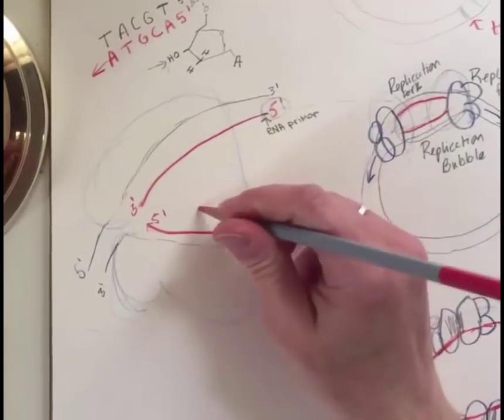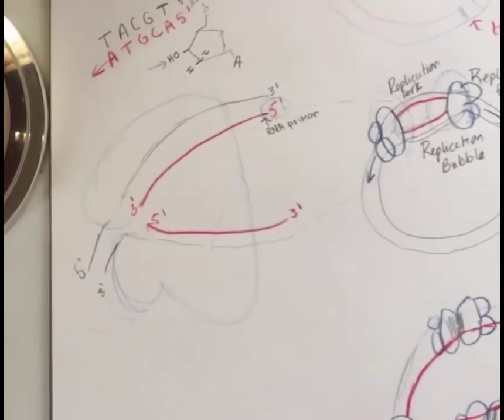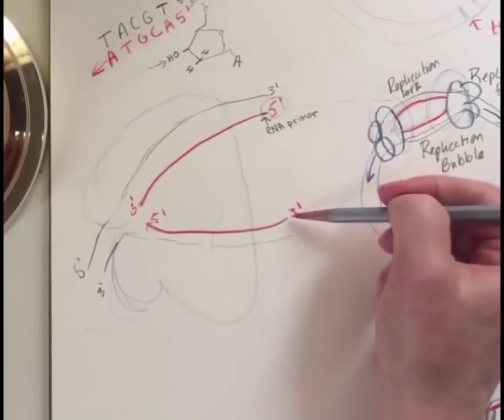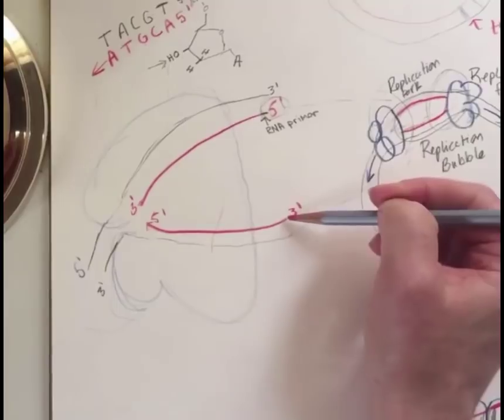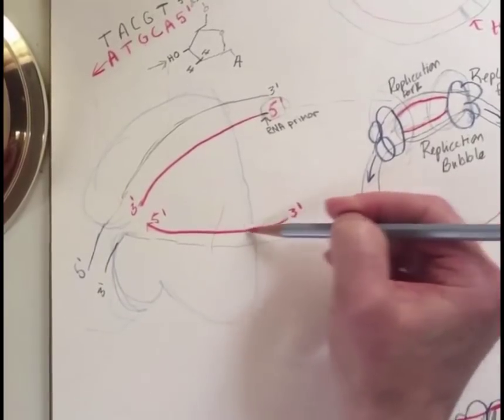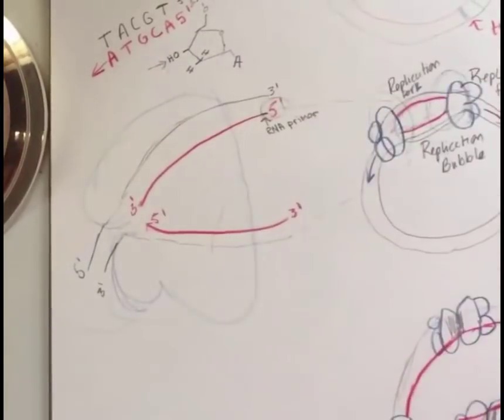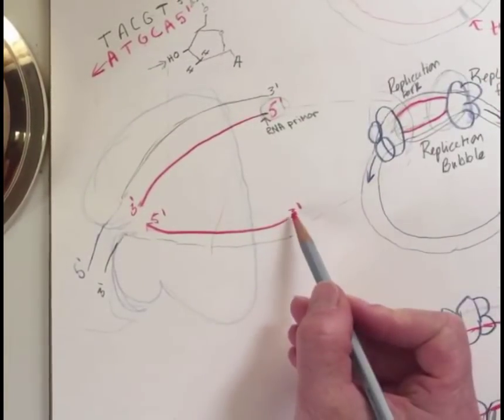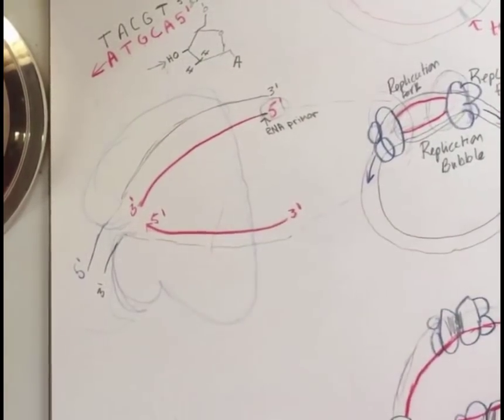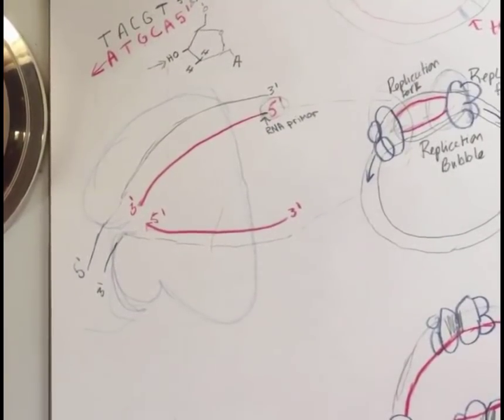But that is impossible. That cannot take place, because we know that the new nucleotides are added to the open 3' hydroxyl, not to the 5' phosphate. And so synthesis in the 3' to 5' direction simply does not occur.